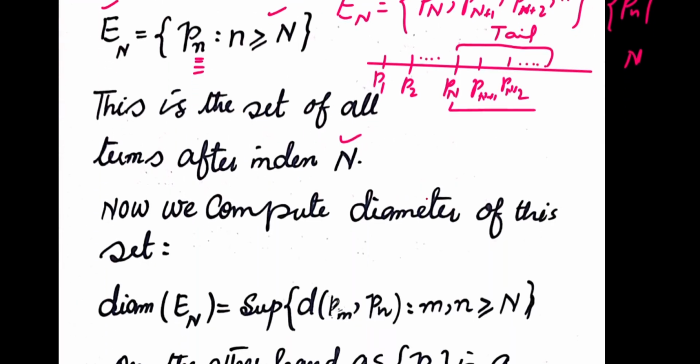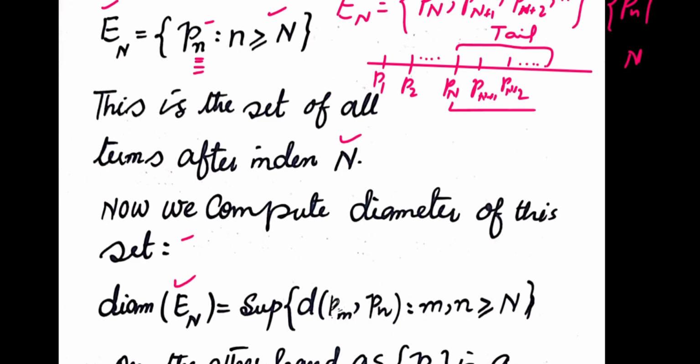Now we compute the diameter of this set. I want to compute the diameter of E_N. What is the definition of diameter? Diameter is just the distance between two arbitrary terms of this set.